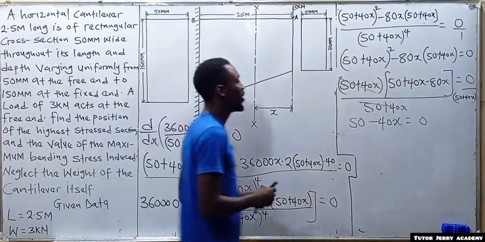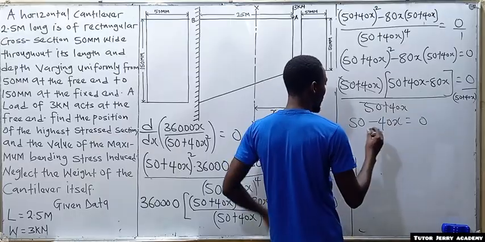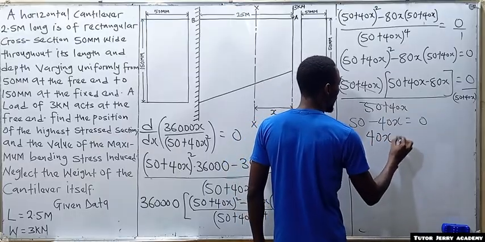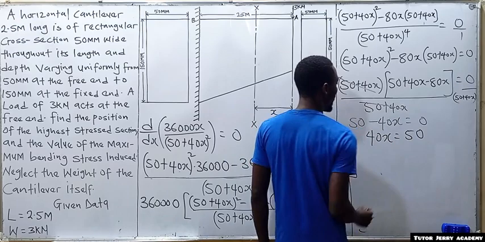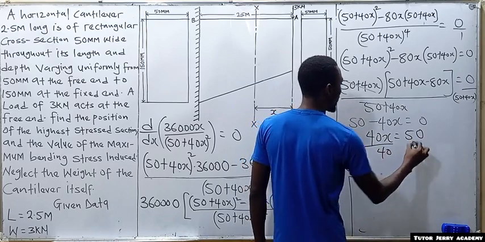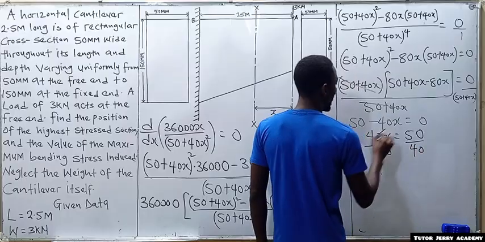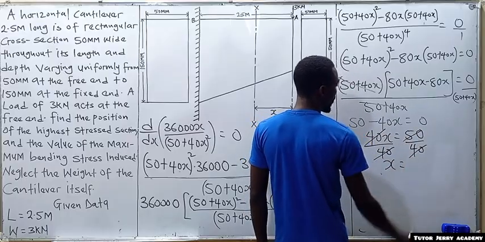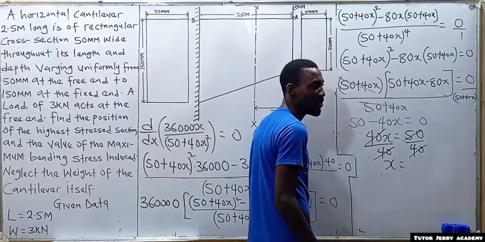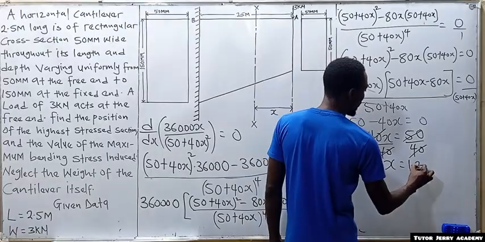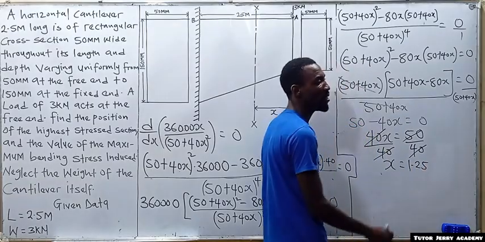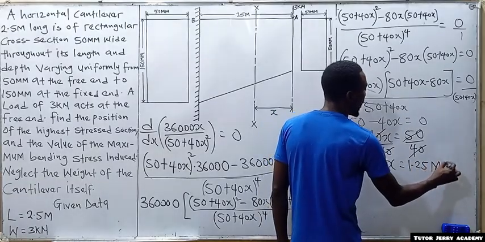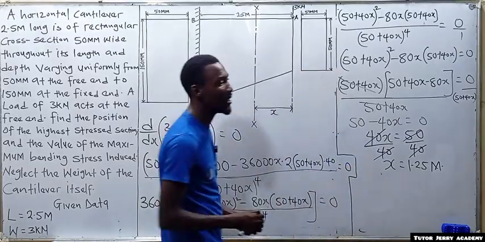If we move this to the other side, it means 40s will be equal to 50. If we divide both sides by 40, s will be equal to, sorry, 1.25, and it's going to be in meters.